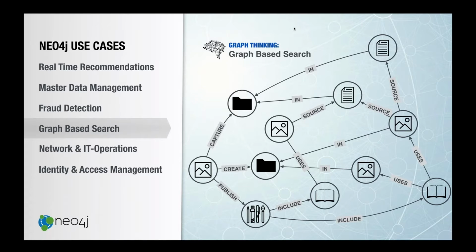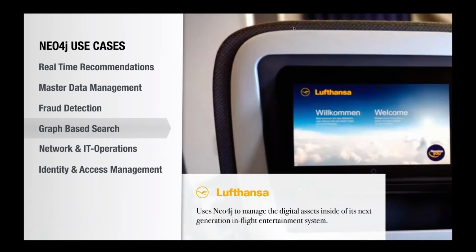Think of something like LinkedIn or a job search: you may start typing in someone's name, so Michael, and you don't just see random results or alphabetical results for the first Michael that matches. Instead, you see your first degree connections, your second degree connections. So this is all about showing results that are relevant to the context of the user. And Lufthansa uses Neo4j for this use case to manage the digital assets for their in-flight entertainment system.